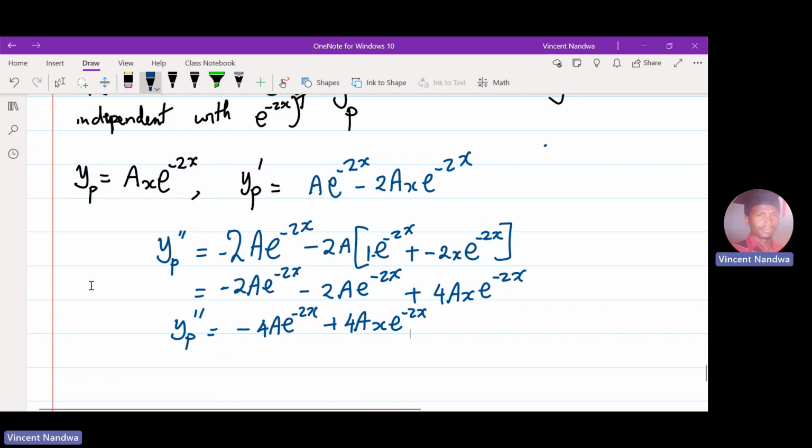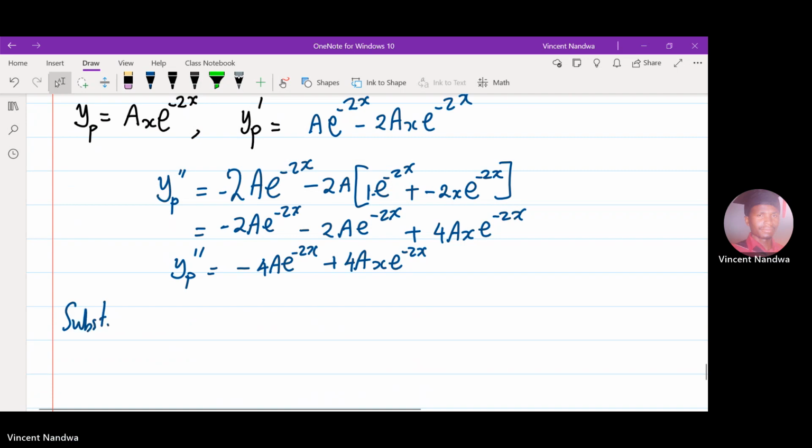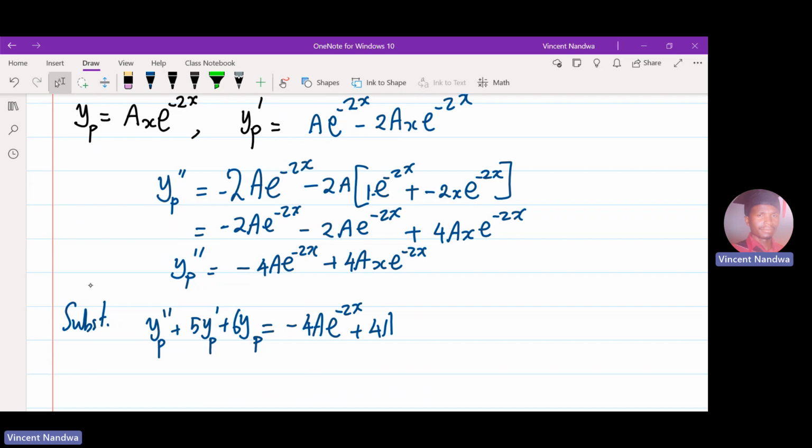Yeah. So now when we substitute into the differential equation, we get minus 4a e raised power minus 2x plus 4ax e raised power minus 2x, plus 5 times YP prime, which is a minus 2ax e power minus 2x, then plus 6 times YP, which is ax e raised power minus 2x.